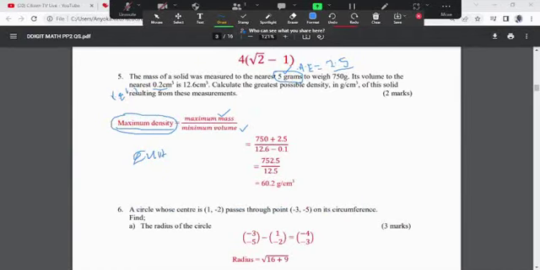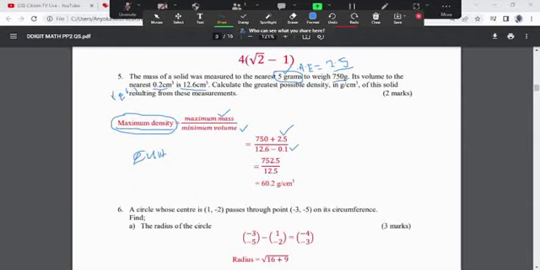So maximum mass will be 750 plus the absolute error, which is 2.5. Minimum volume will be equal to 12.6, which is our actual measurement. So for the minimum of it, we subtract the absolute error.